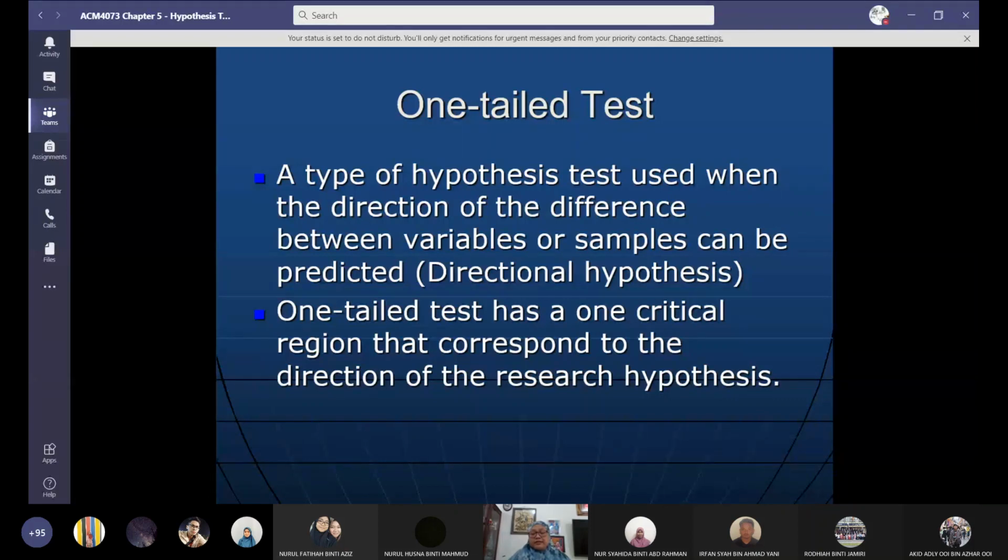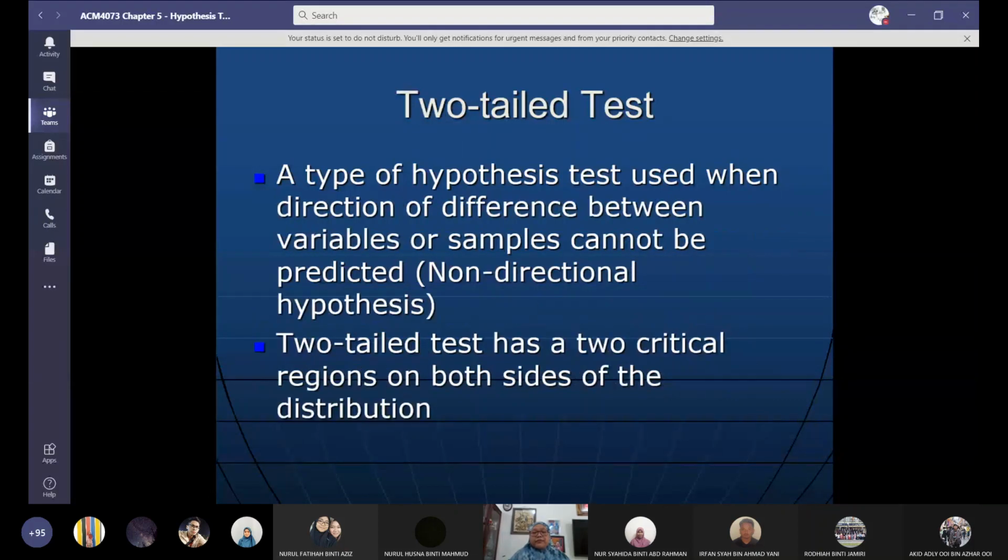That is the one-tail test. A two-tail test is a type of hypothesis test used when the direction of differences between variables or samples cannot be predicted. Non-directional. We can say that there are no differences, and when we say non-directional, we say there is a significant difference between male and female.